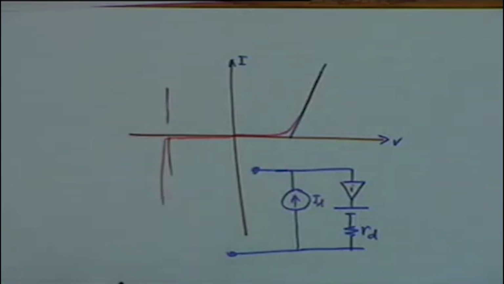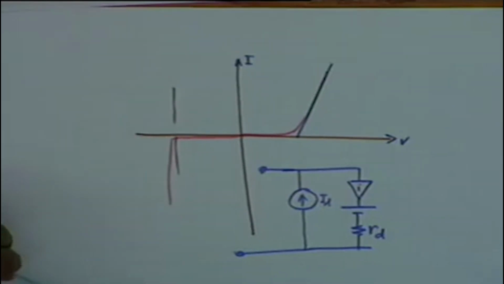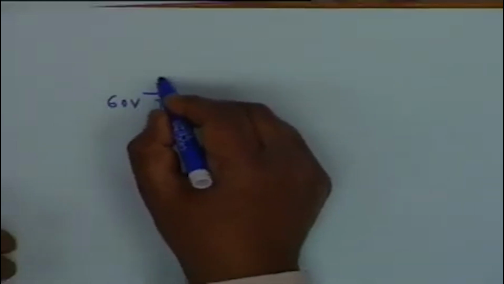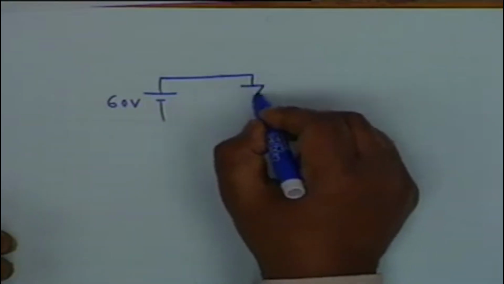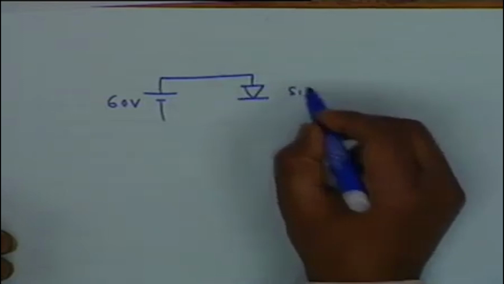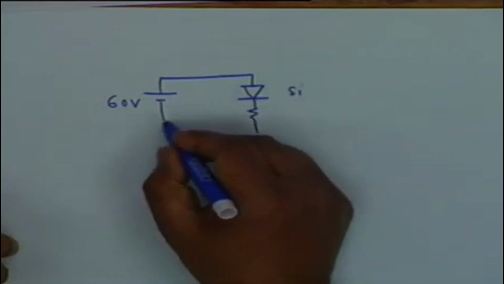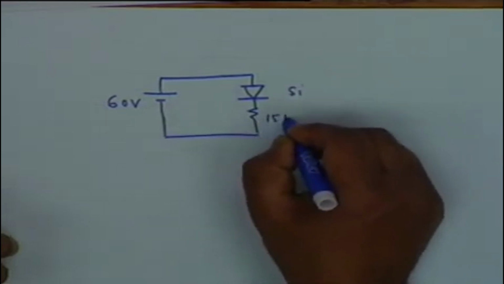Before we take a Zener, let me take one or two examples. Suppose you have a 60 volt source, a silicon diode, which means the threshold is 0.7, and then you have a 15K resistance.